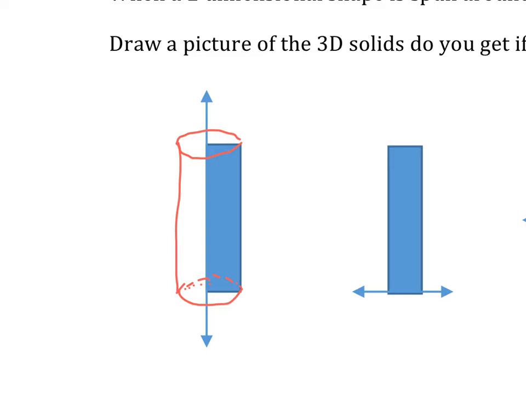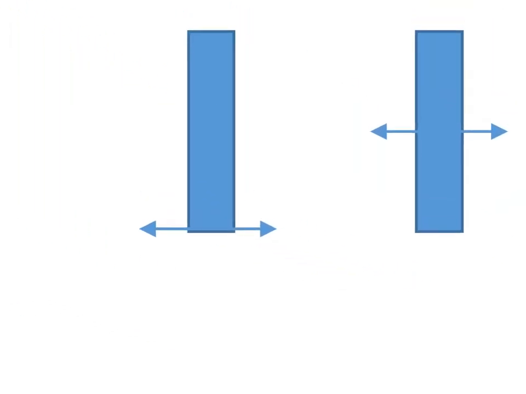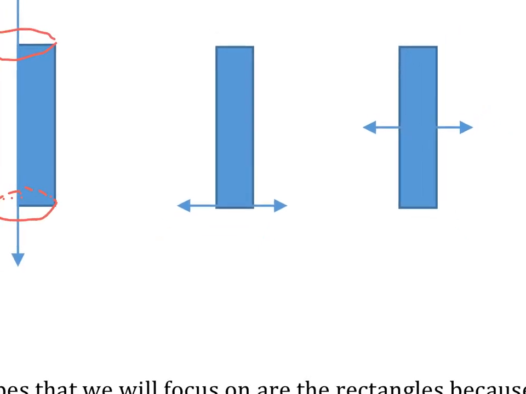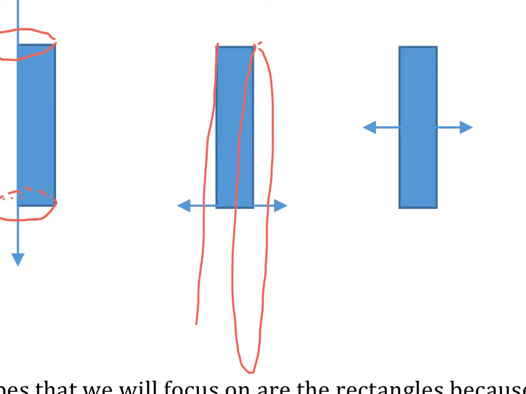Now if we take the same rectangle and we rotate it around a different edge, what do we get then? Well, we're going to get another cylinder. It's going to be kind of short.